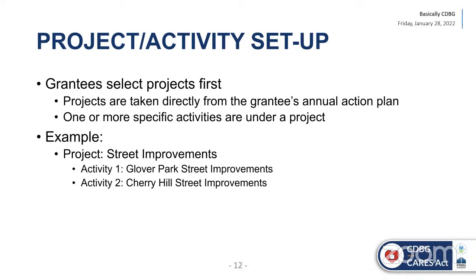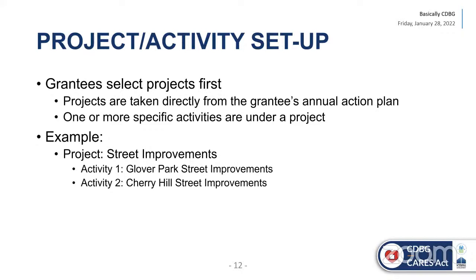So after your action plan is approved, your project is submitted through AP35, and you can start to set up activities. When you set up activities, you will select the project first. Under the project, you can set up one or multiple activities. Normally, a project acts like an umbrella. You have one project, but multiple activities under the project.